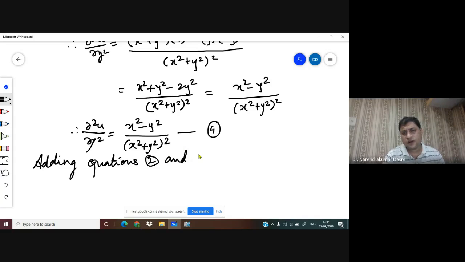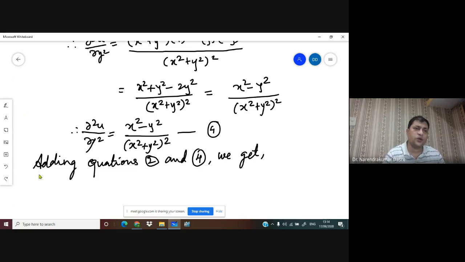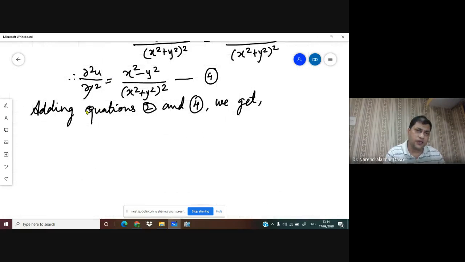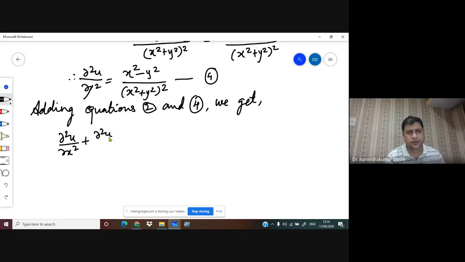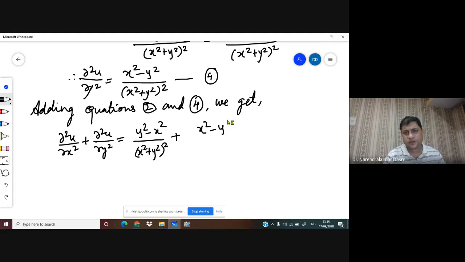So let us see. What we can do is add equations 2 and 4. What we are able to get is, see the terms, here we have ∂²u/∂x² + ∂²u/∂y² equal to (y² − x²) upon (x² + y²)² plus (x² − y²) upon (x² + y²)².